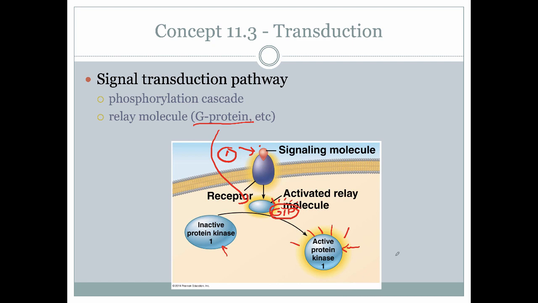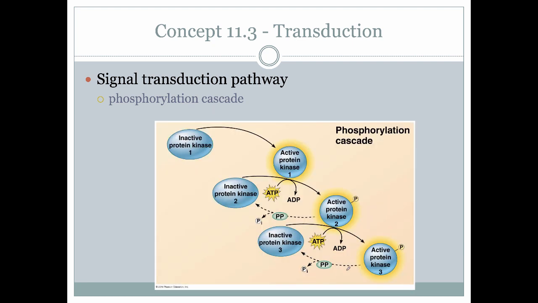This protein kinase is now going to go do phosphorylation, because this is what protein kinases do. They phosphorylate proteins. All right. So what happens in a phosphorylation cascade is this protein kinase doesn't necessarily just phosphorylate a target protein to get a response, but what this does is this phosphorylates another kinase, which activates it.